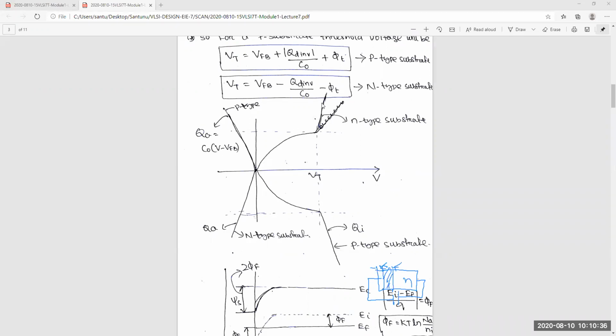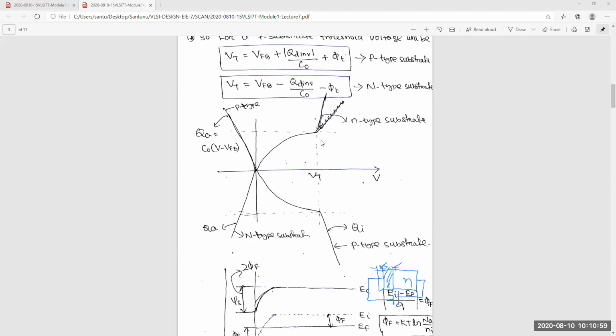I'll give you an assignment on this. Do this and check whether you are getting it or not. Draw your graph and see whether you get the mirror image of the p-type substrate.